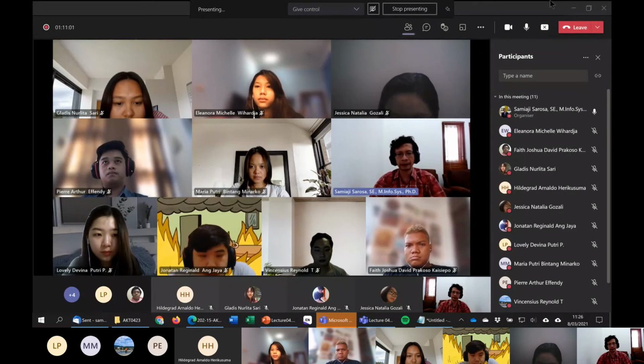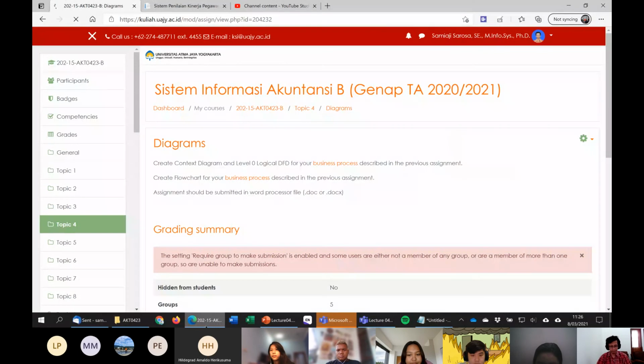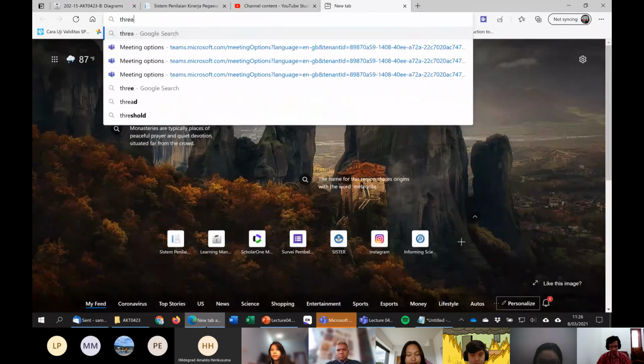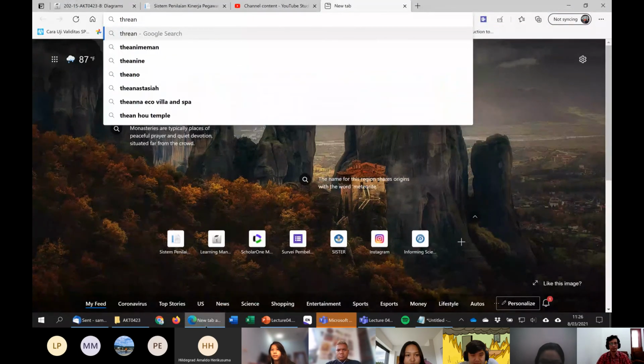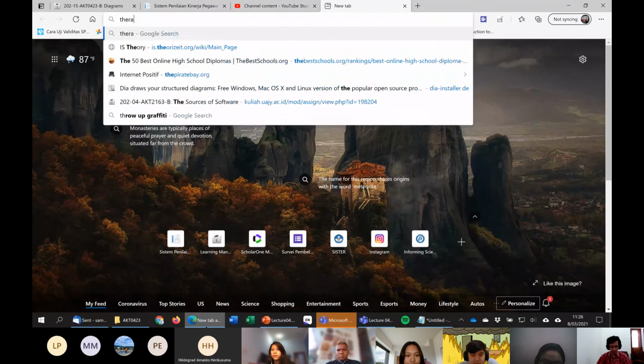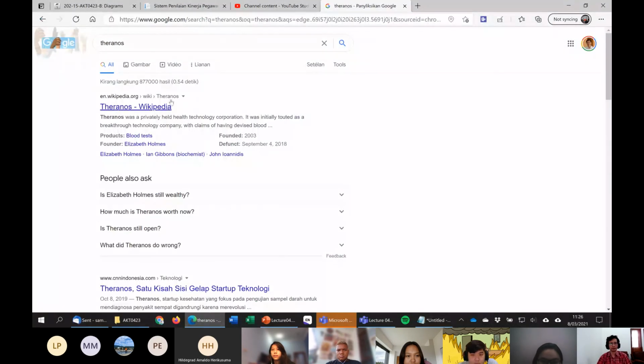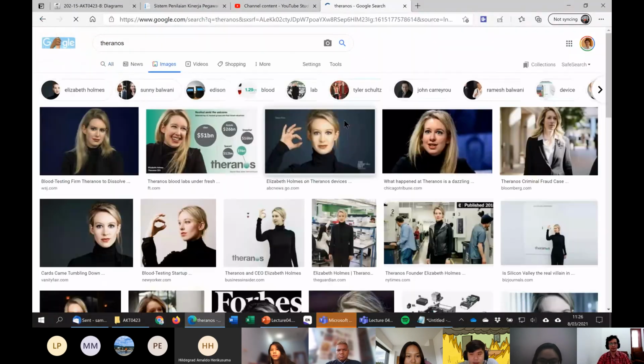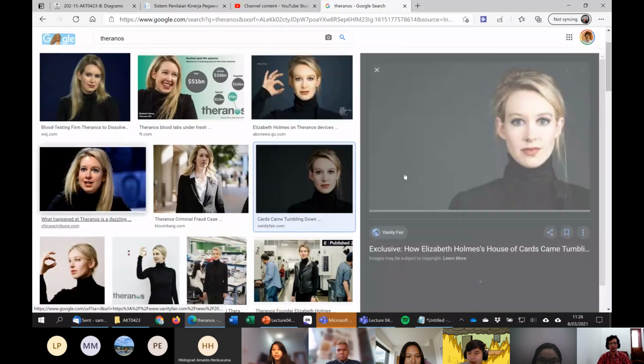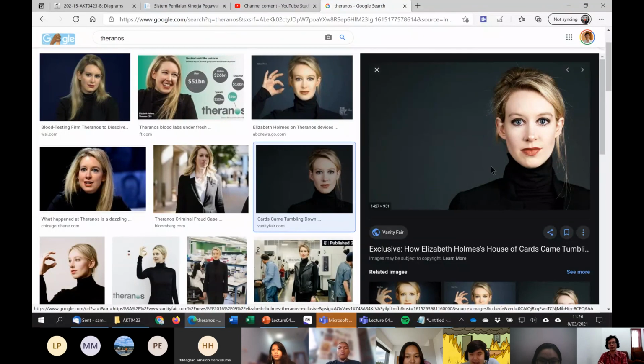The recent example of fraud is this company. So this lady's name is Elizabeth Holmes. She was known as the founder of a company called Theranos.